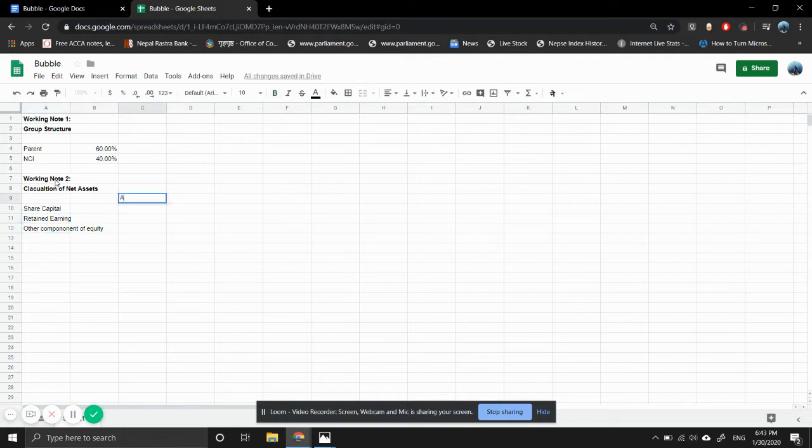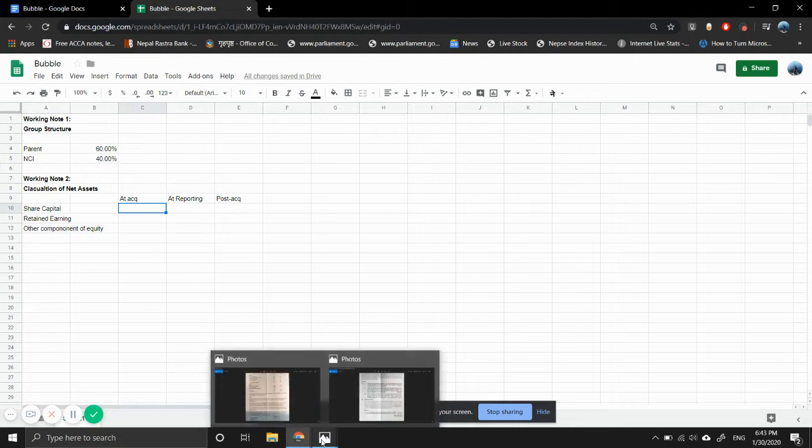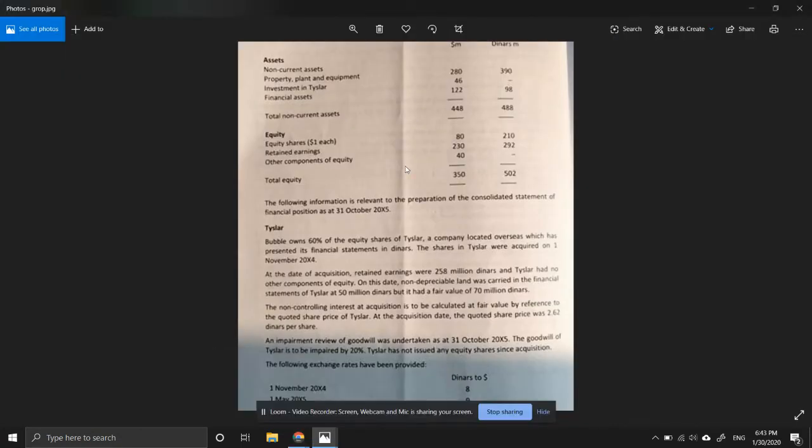At acquisition, at reporting, post acquisition. So at acquisition, what was the share capital?